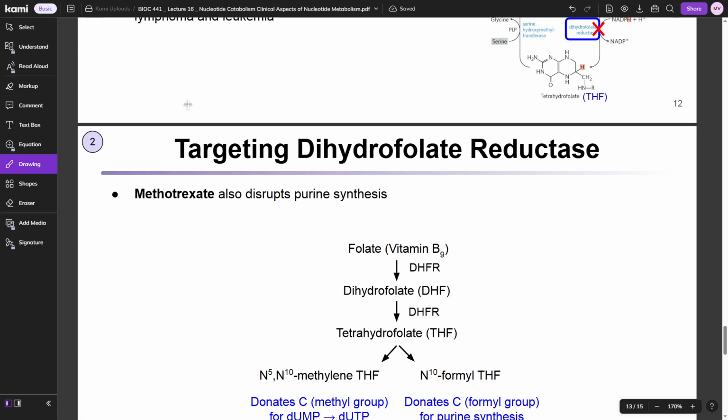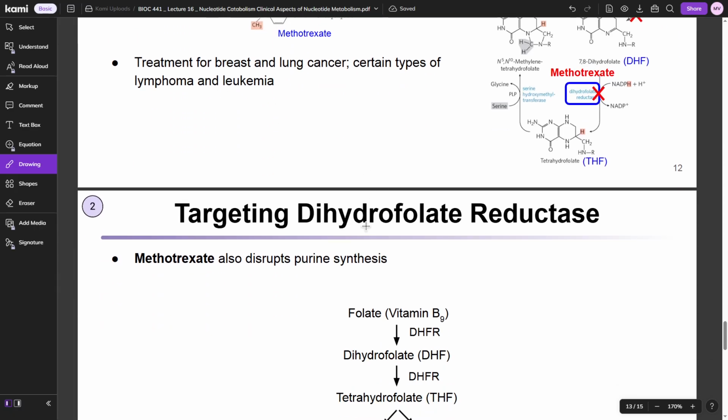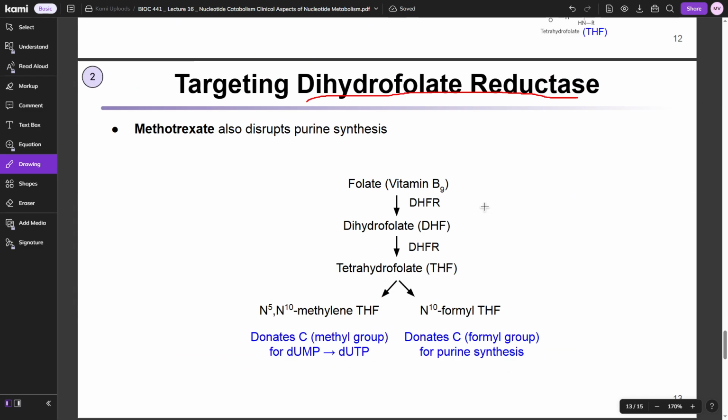Yeah, so the only thing that's a bit dangerous about using the dihydrofolate reductase stuff instead of the 5-fluorouracil stuff maybe is that this disrupts purine synthesis as well.